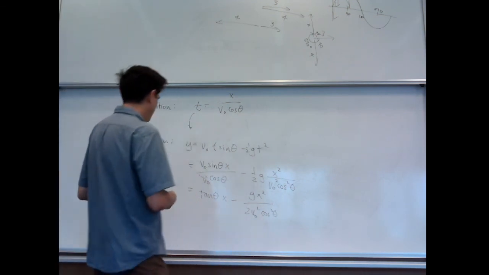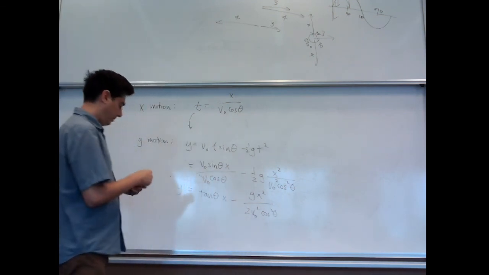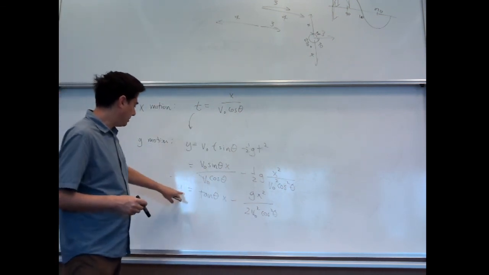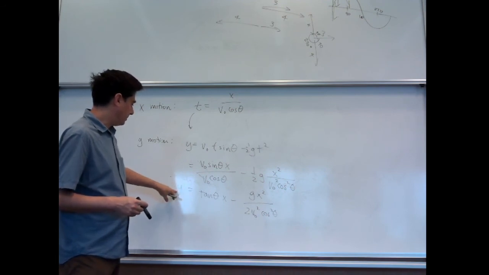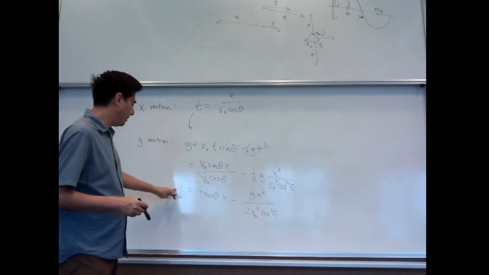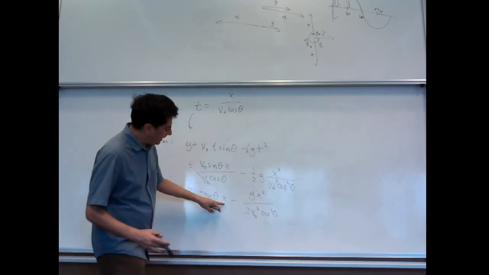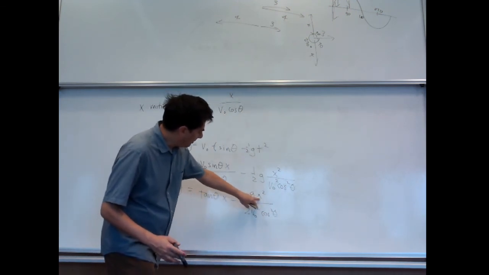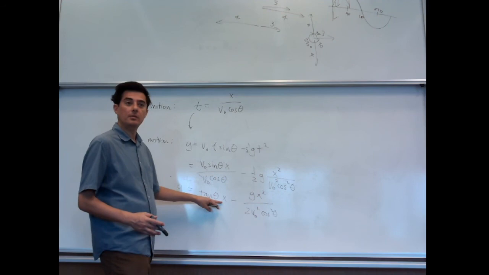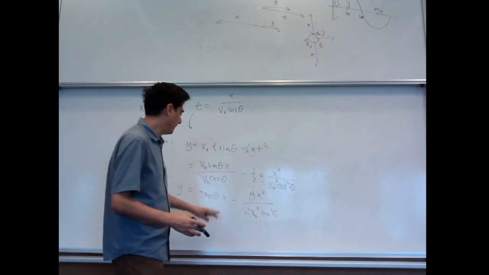But you can see that basically this is a quadratic equation. So y is the height of the object, x is the horizontal position, and so we've got an x squared and an x. So this is kind of quadratic.